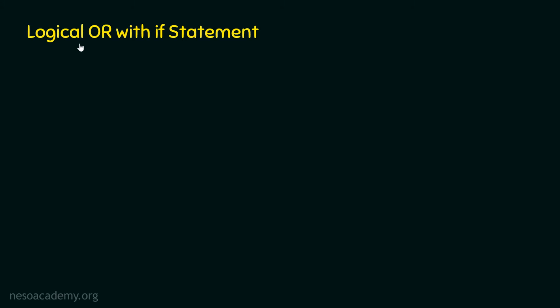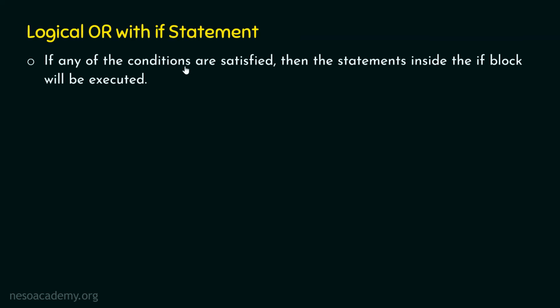So one thing is clear, that if any of the conditions are satisfied in case of logical OR with if statement, then the statements inside the if block will be executed. Let's consider one simple example to demonstrate this fact. Let's say that we want to write a program to check whether today is Saturday or Sunday.